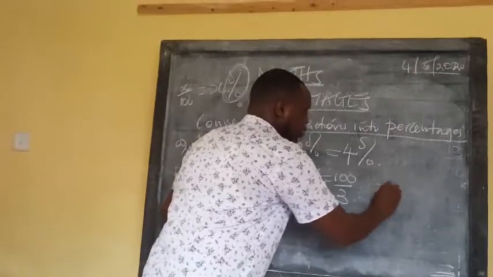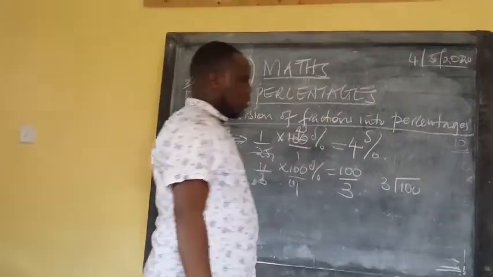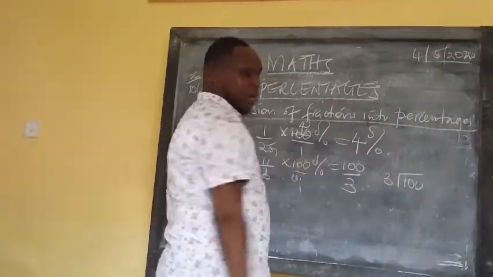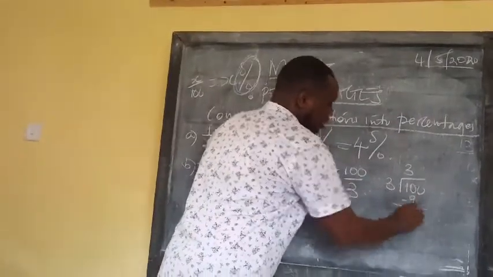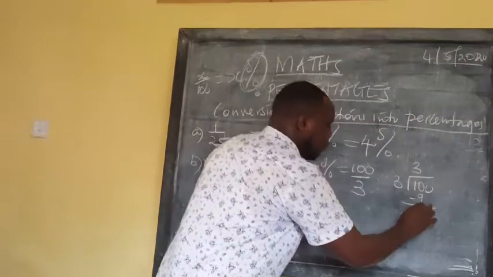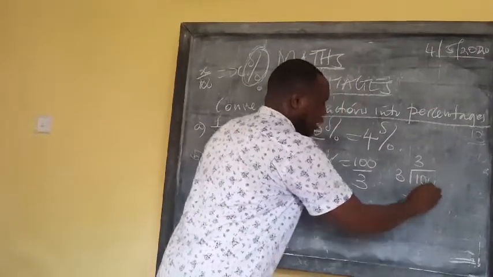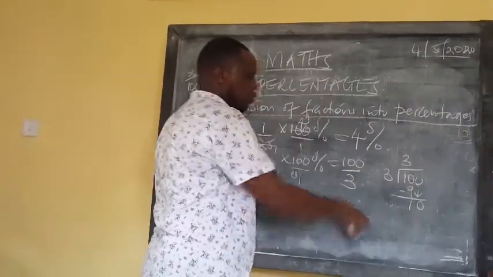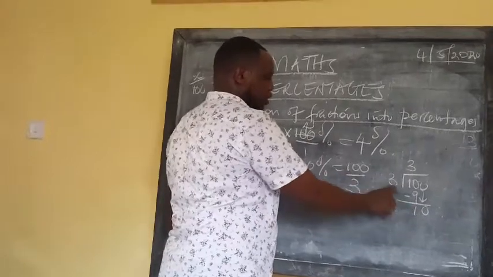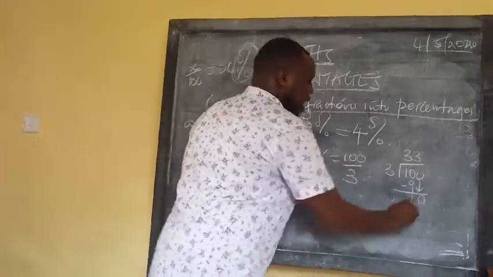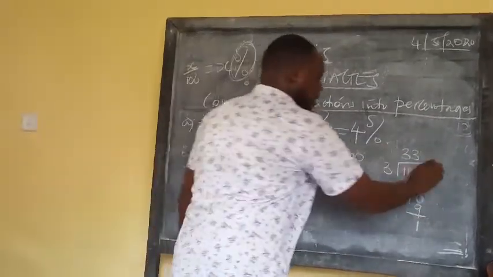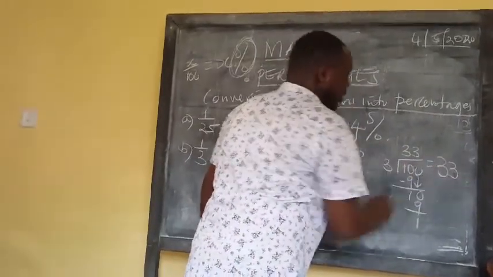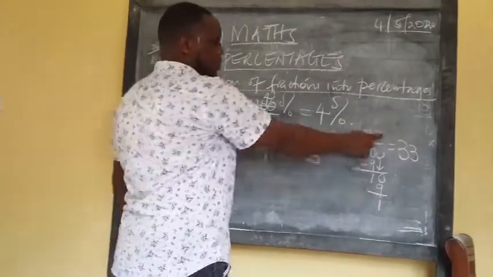So by 3, we're going to use long division. 3 gets into 10 how many times? 3 times. You get 9. Subtract, you get 10 minus 9 is 1. Then you drop your 0, so your 0 becomes 10. So 3 gets into 10 3 times again. You get 9, remaining 1. So you write 33, what you have gotten here.